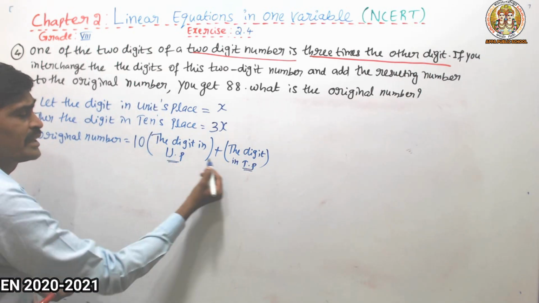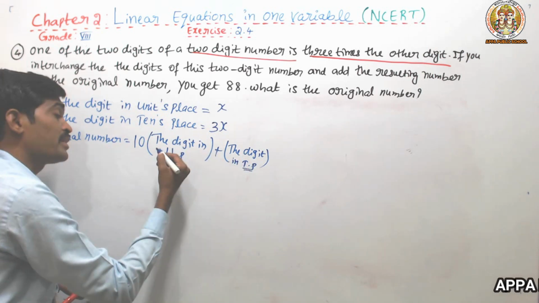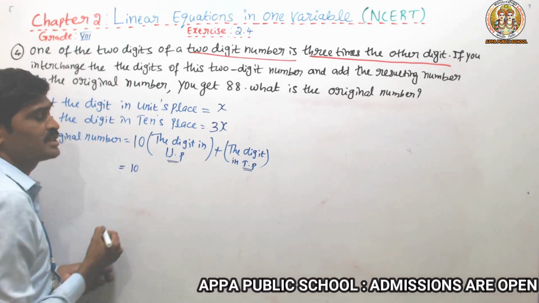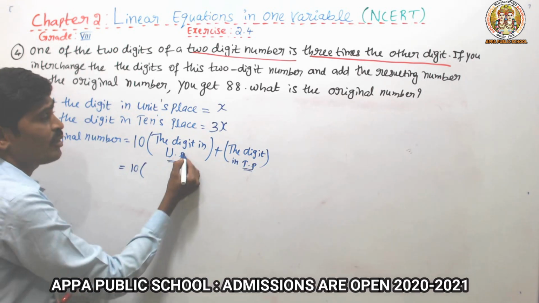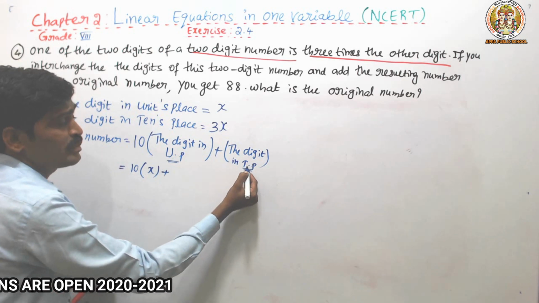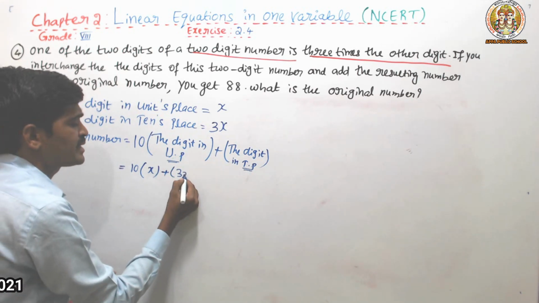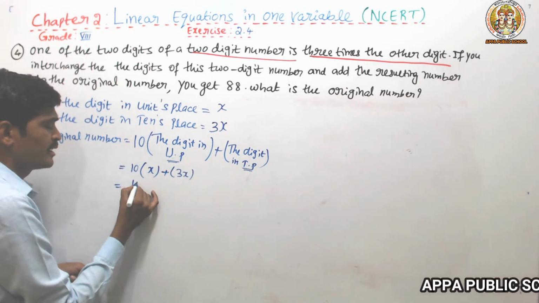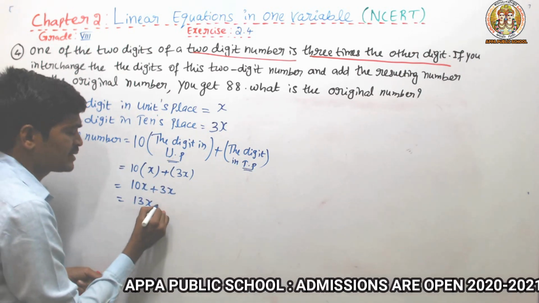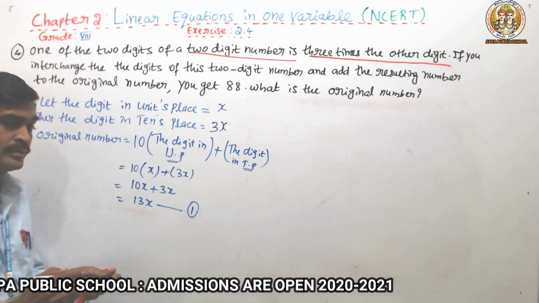So 10 keep as it is. Substitute the value of unit place x, plus tens place 3x. So 10 into x, 10x plus 3x should be 13x. We get equation number 1.